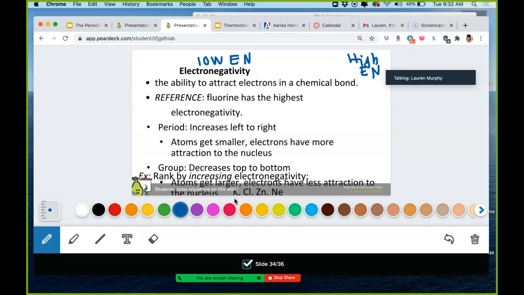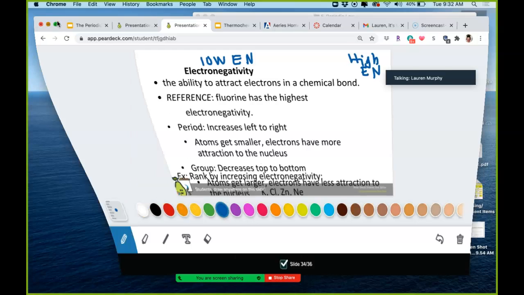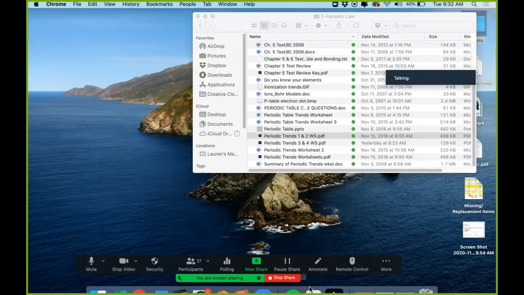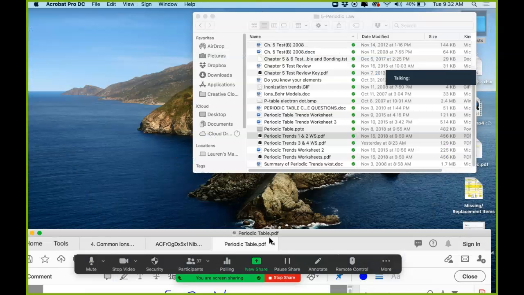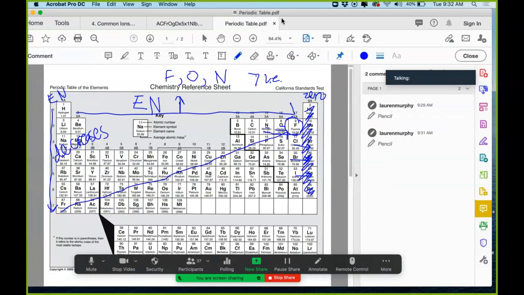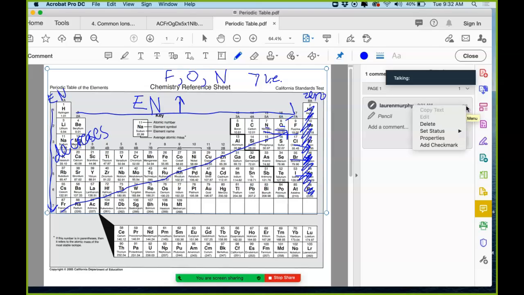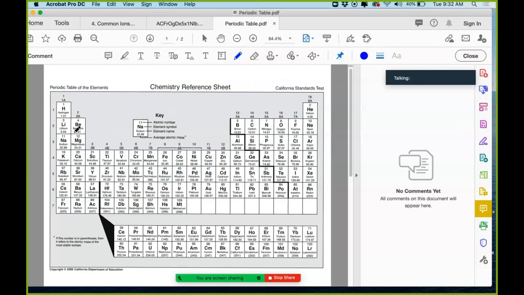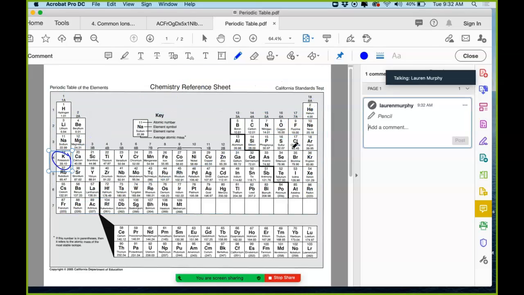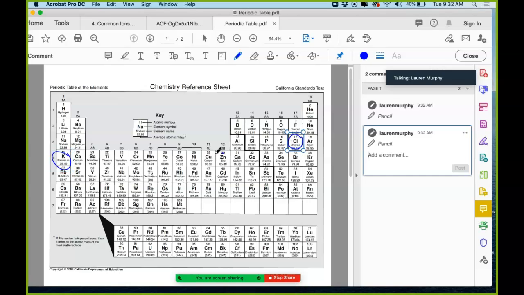We've got potassium, chlorine, zinc, neon. I'm going to go back to my periodic table.